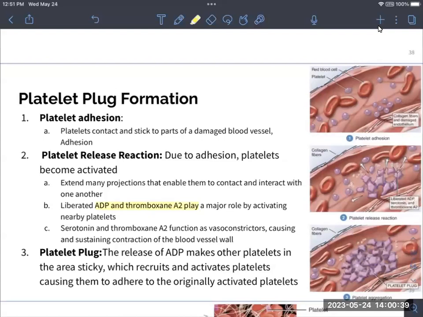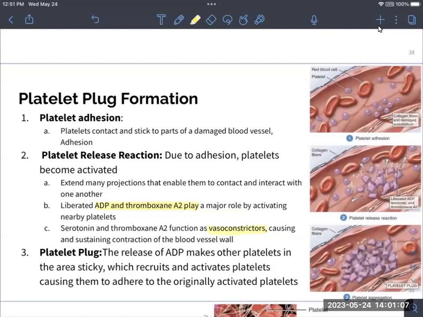ADP and thromboxane A2 are getting released, which cause more platelets to come to the area. They also help to vasoconstrict, so make those blood vessels smaller, so only small things can get through.